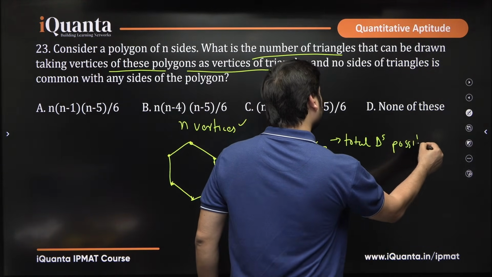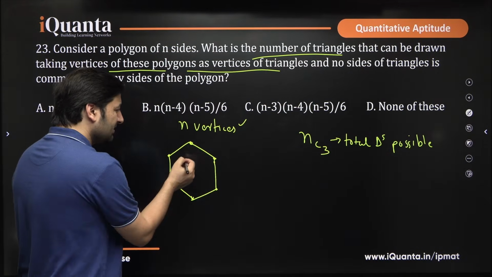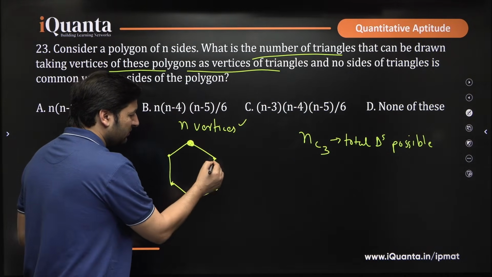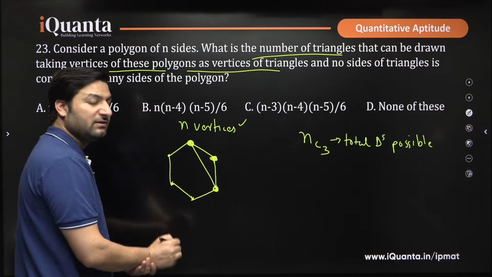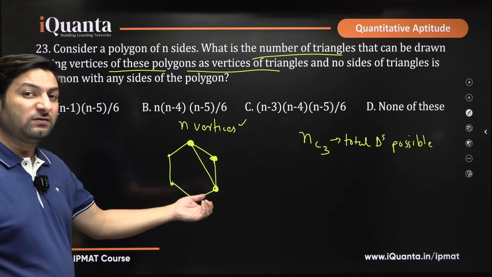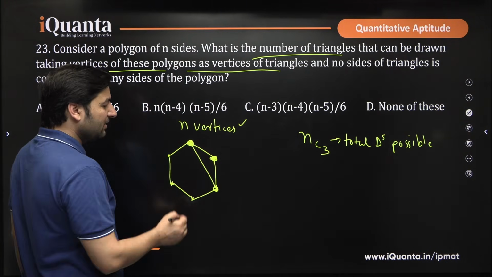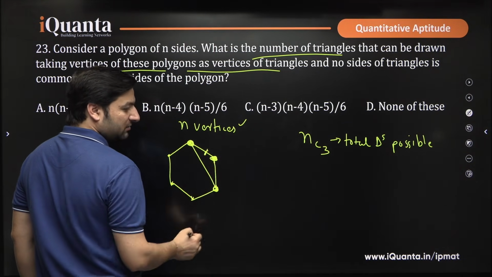But inside these total triangles possible, we can also have some triangles like this. Suppose I take this as one vertex, this as one vertex, this as one vertex. This is the triangle formed. How many sides of the polygon are common with the triangle? This is a side of the triangle and also a side of the polygon.